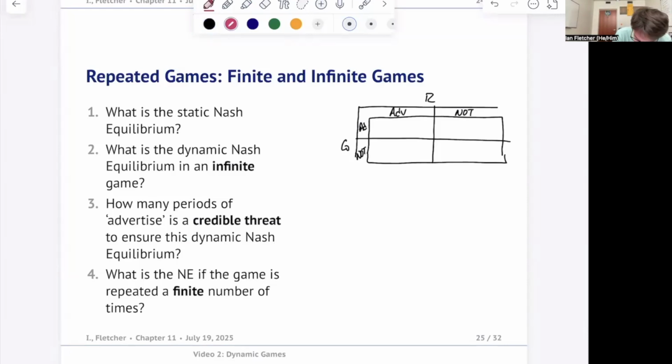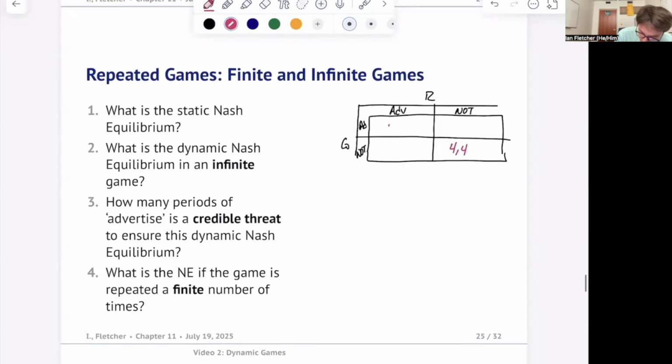If they both don't advertise, they'll go 4-4. We're going to use the shrinking one. If they both advertise, it's going to be 1-1. If one of them doesn't advertise but the other one does, the advertiser is going to take everything.